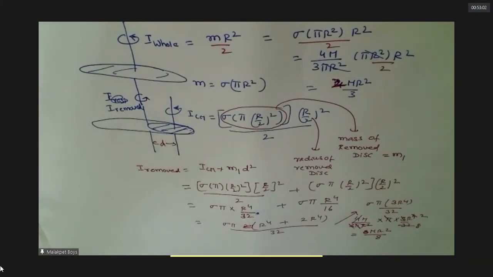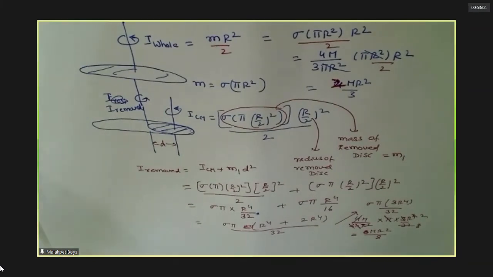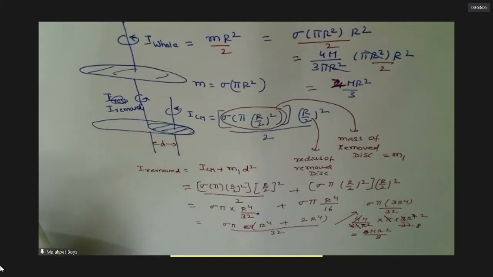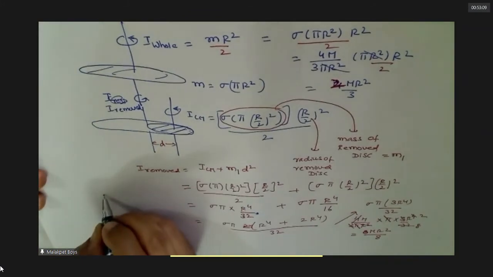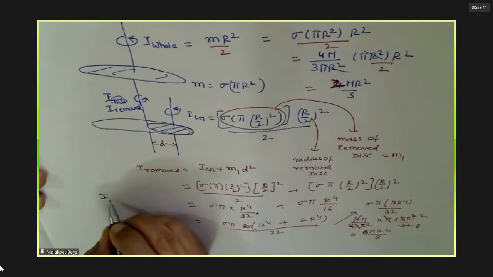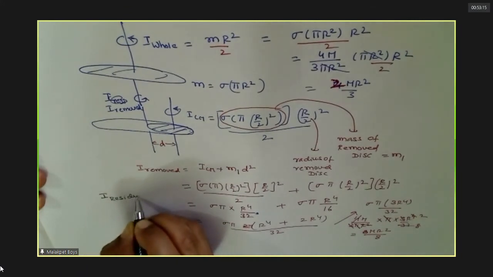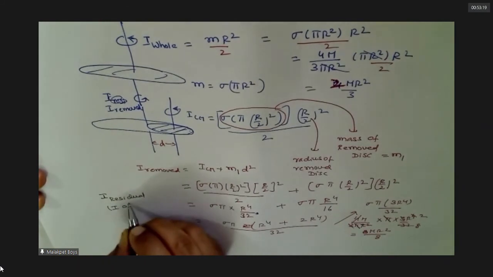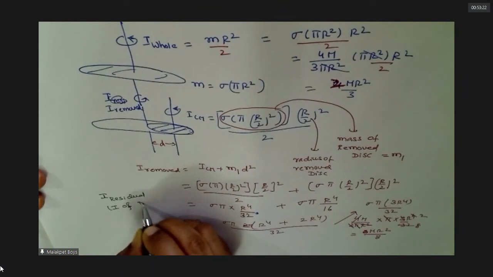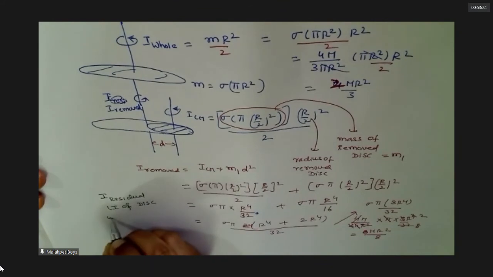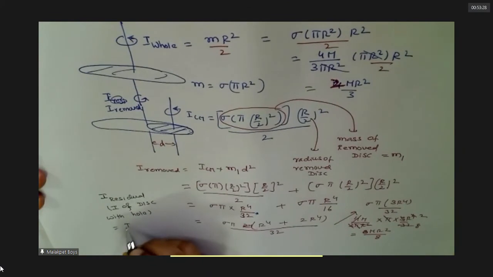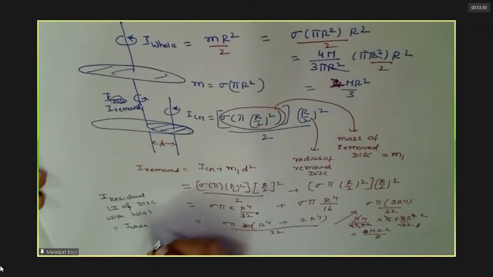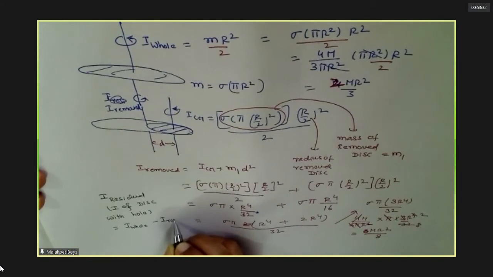Now, what we can use simply as given: about what axis you need, that you should get. That means I of the given disk, or residual after removal, is I of whole minus I of removed.